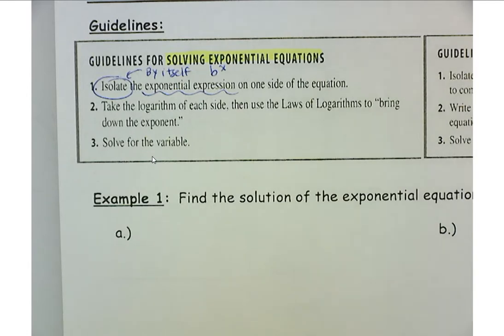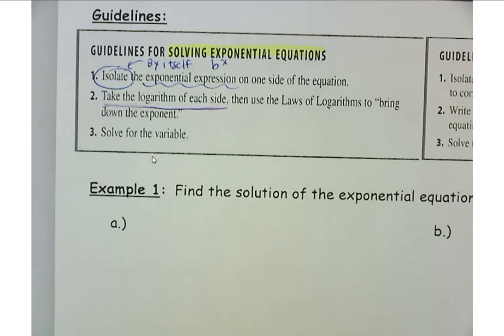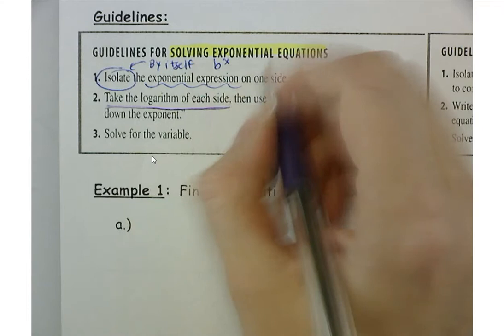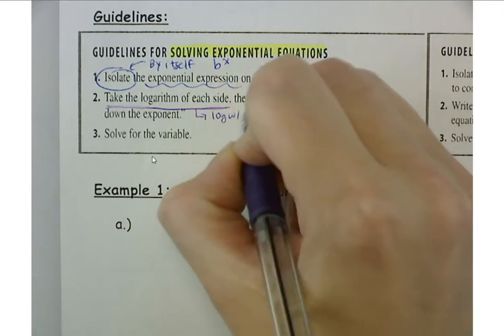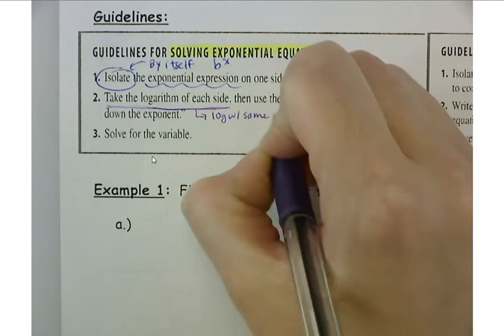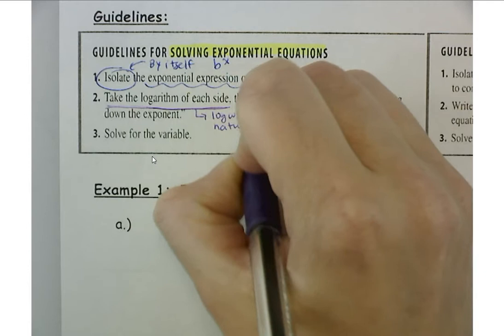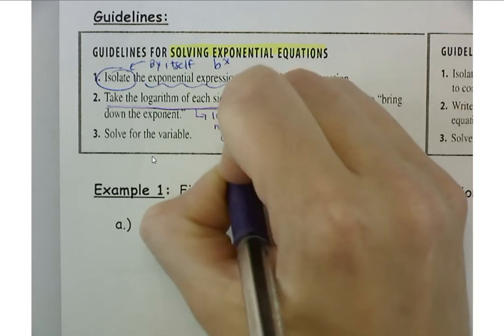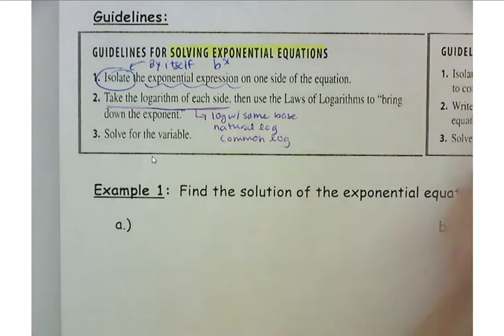Then you are going to take the log of each side. When you are taking the log of each side, you can take the log using the same base. What's another type of log you could do? Yep, you could do your natural log, or you could do your common log, which is just log base 10, which just looks like log.